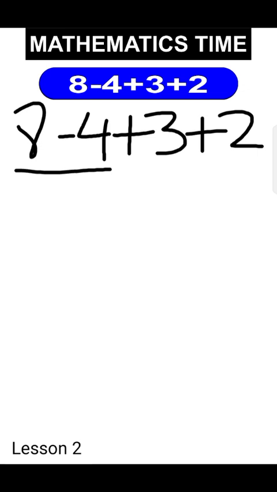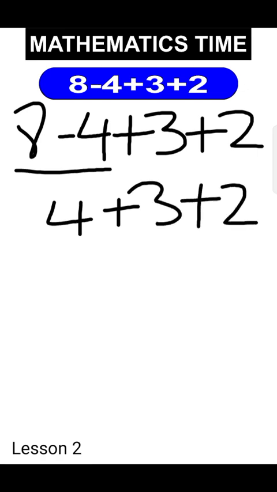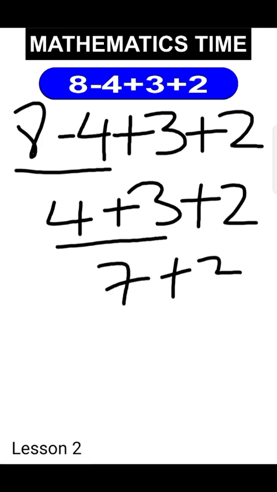So when you pay the 4, you'll be left with 4. Add this to it. Now we tackle this. Since they are all plus, you can even do it straight. This will give you 7 plus 2, and our answer will be 9. That's so easy, right? Good.